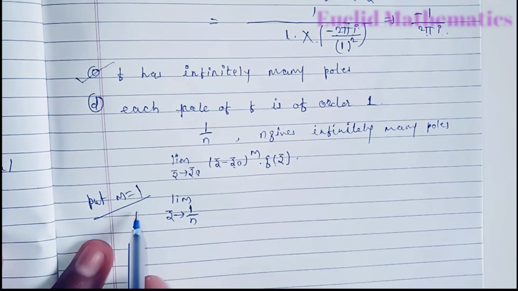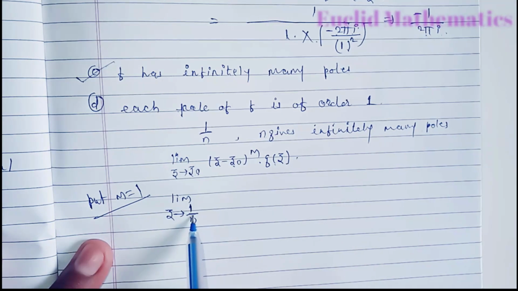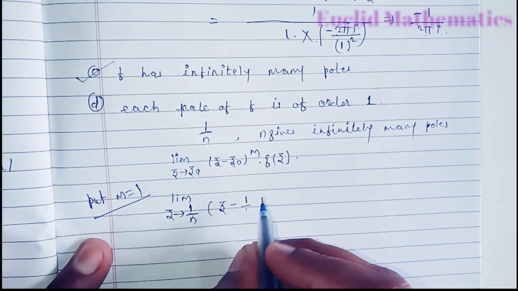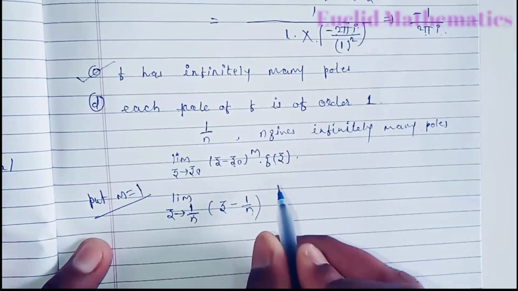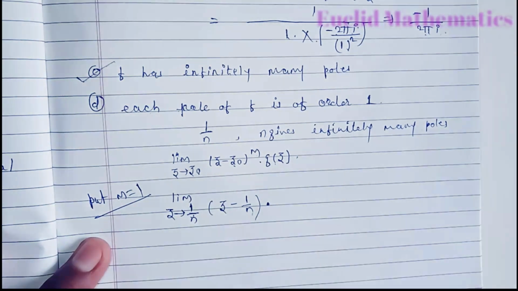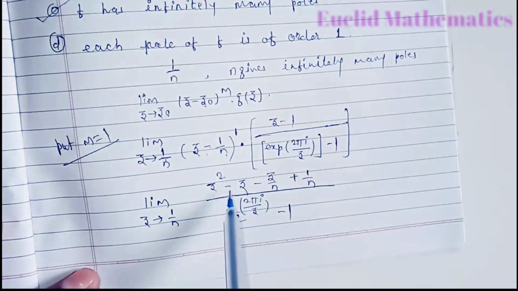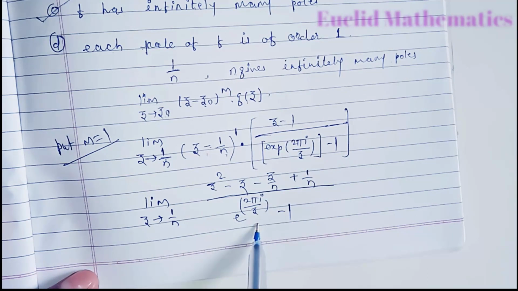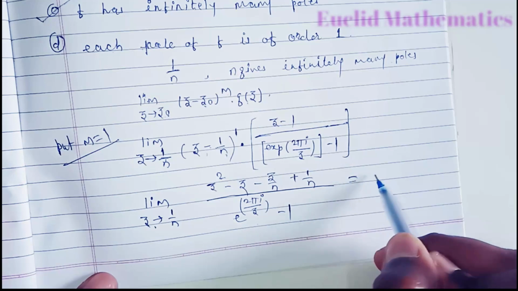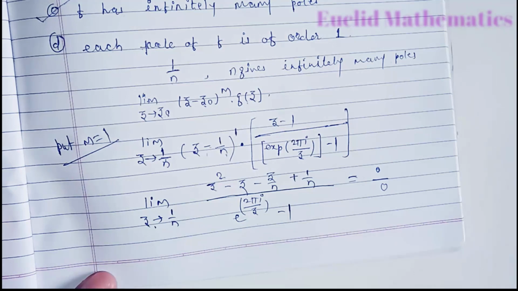Here put m equal to 1, and the pole we know is 1 upon n, so z minus z naught is z minus 1 by n, and for g of z we substitute f of z given in our example. So the multiplication of z minus 1 by n with z minus 1 is in the numerator, and the denominator remains the same. If we substitute z tends to 1 by n, the numerator is 0 and the denominator is also 0, so again it comes in 0 by 0 form.